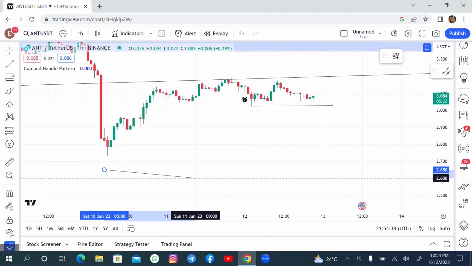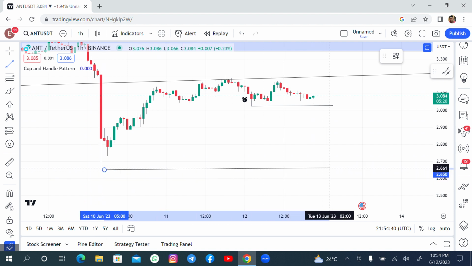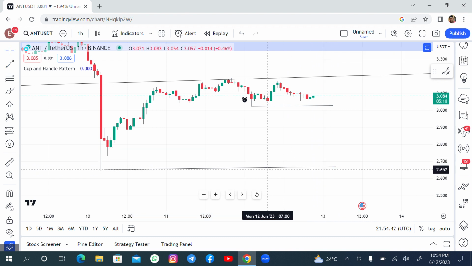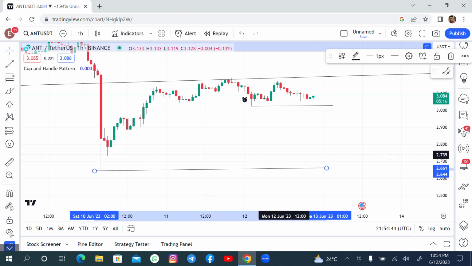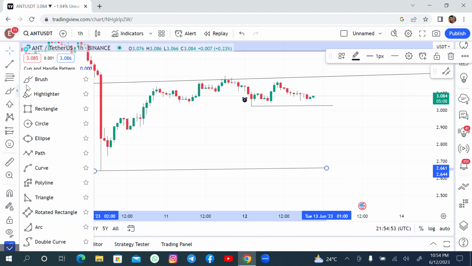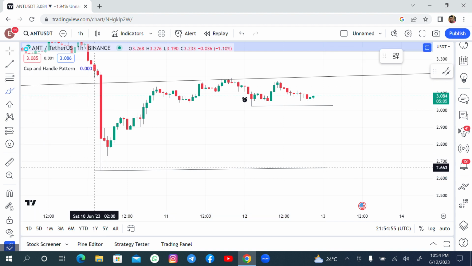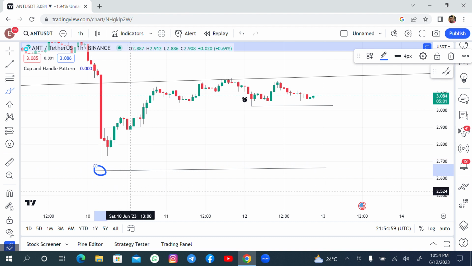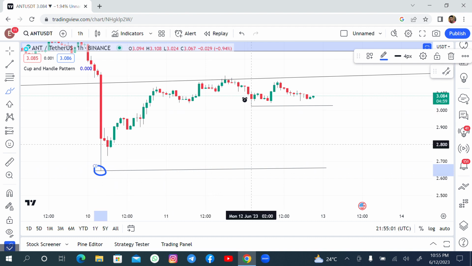So here will become a weak low when we take out this low right here. It's going to be a weak low. So we're actually going to take it out.